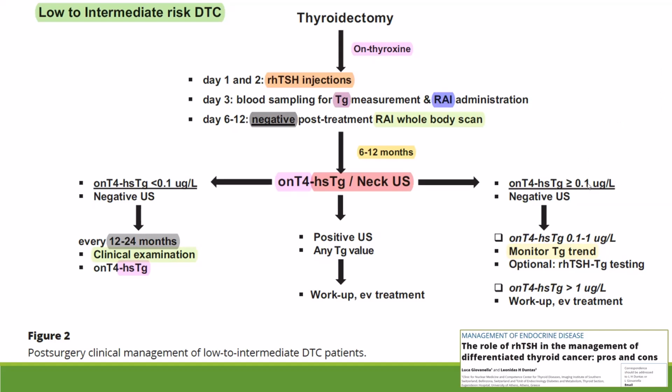If a TG is elevated with negative sonography, in this situation, I should monitor TG trend and I will do stimulated TG. And if a stimulated TG is elevated, in this situation, this is a recurrence, I will manage according to the recurrence protocol.